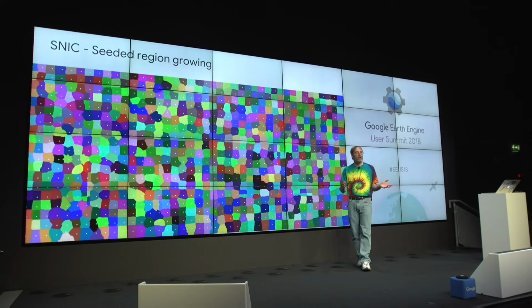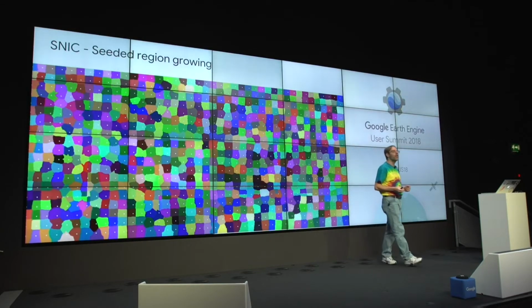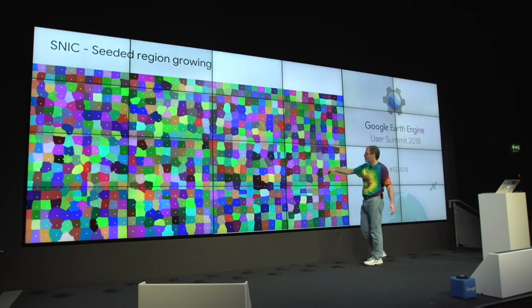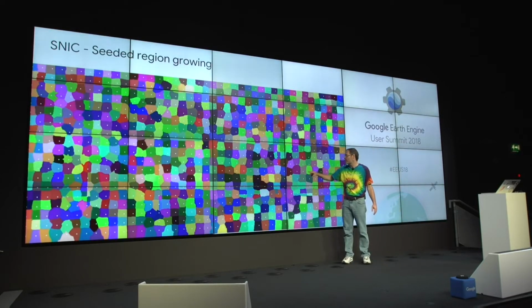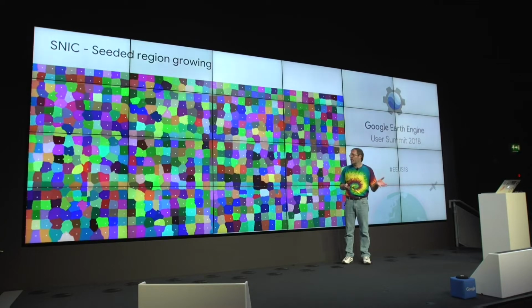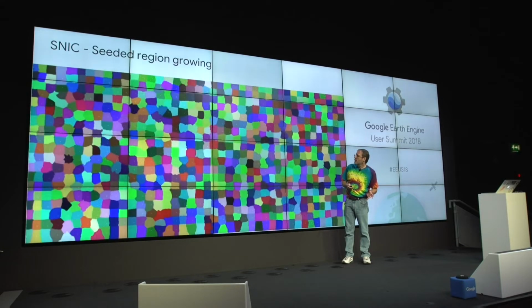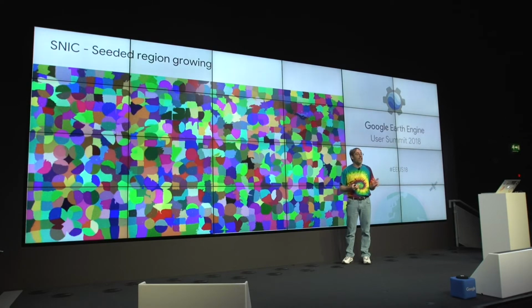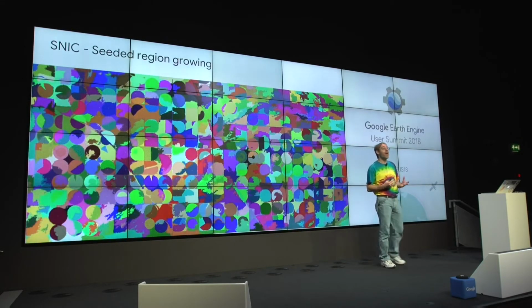So if you want a purely spectral segmentation, it will do that. If you want a purely spatial segmentation, where the spatialness is defined as the distance from the center point, it will do that, and you'll just get squares. And you can do something in between.